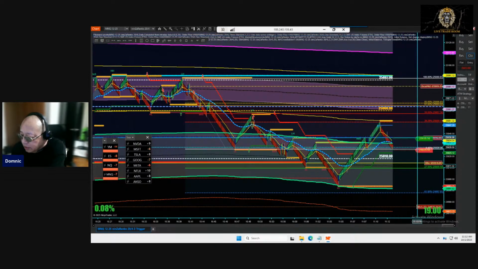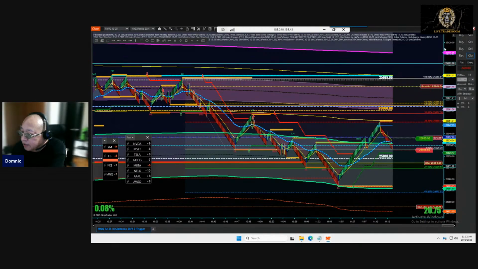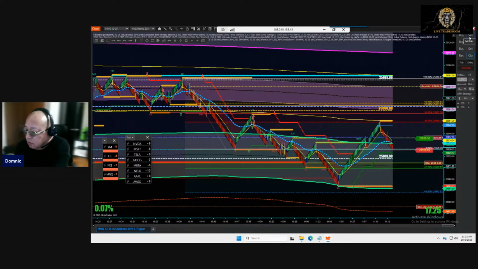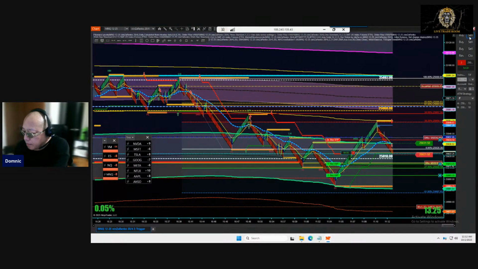So if we continue coming down to test this down here, the 1.25, we want to see a pullback here. So I'm down what? 822, which is better than before. Order filled. Order filled.